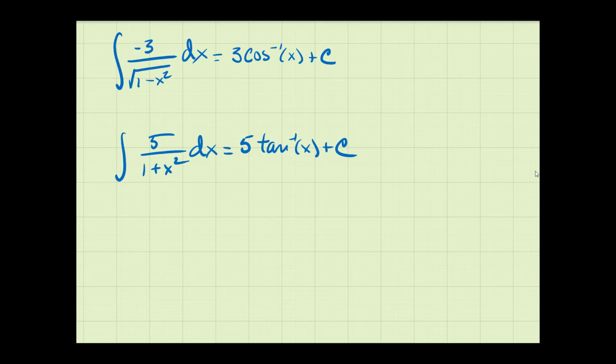So any of those could work. Or maybe I have 4 over x times the square root of x squared minus 1. Well, I would take the 4 and put it in front, and this would be the inverse secant plus c. So these are the kind of things you can look at as you move forward and see questions of this nature.